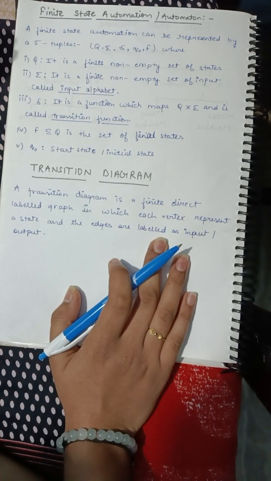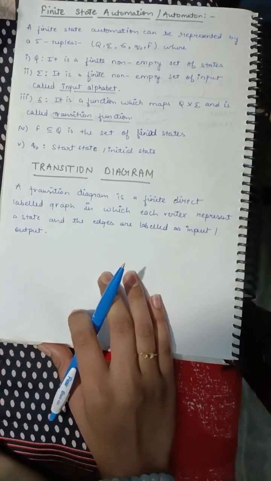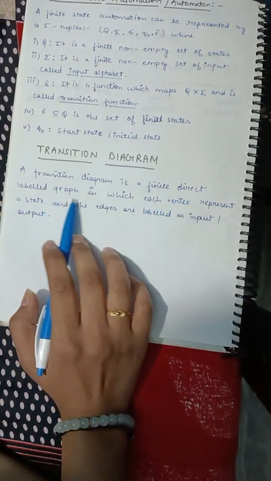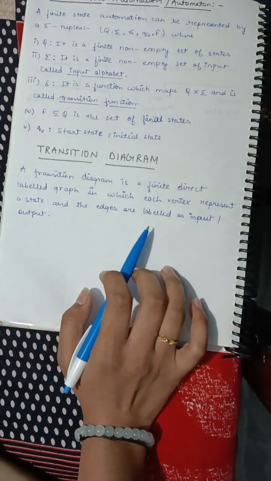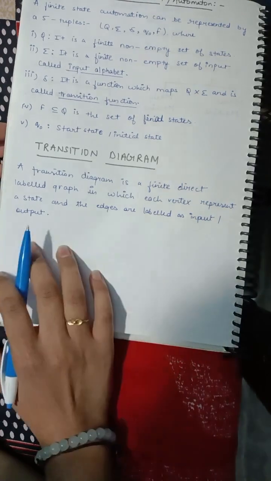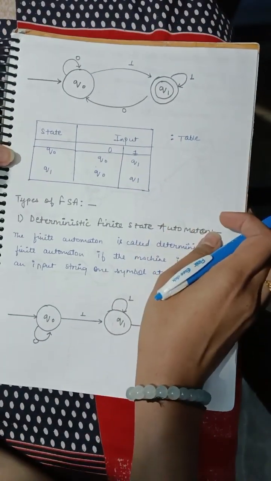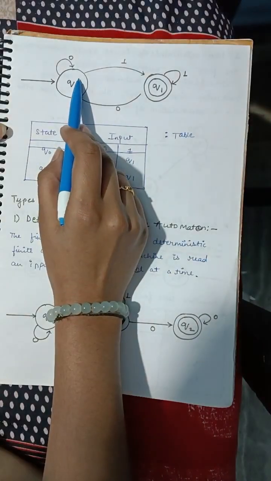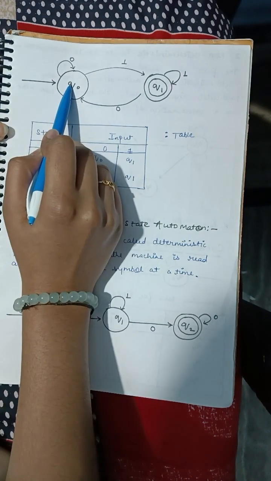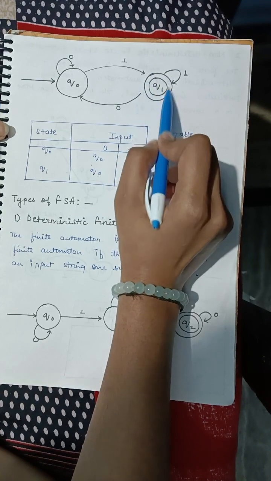For knowing about the finite state automata, we know that it is described by the transition diagram. A transition diagram is a finite directed labeled graph in which each vertex represents a state and the edges are labeled as input and output. Here this is the diagram that shows the finite state automation. This is the initial state, and the final state is represented by a double circle.